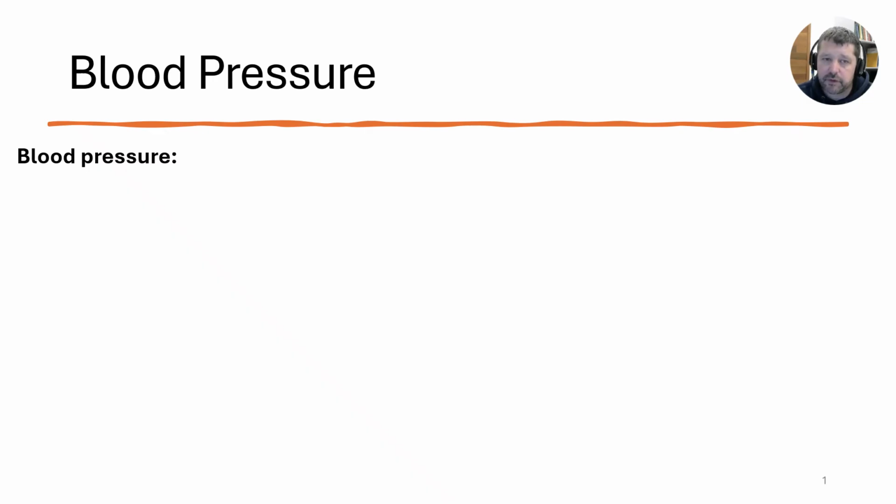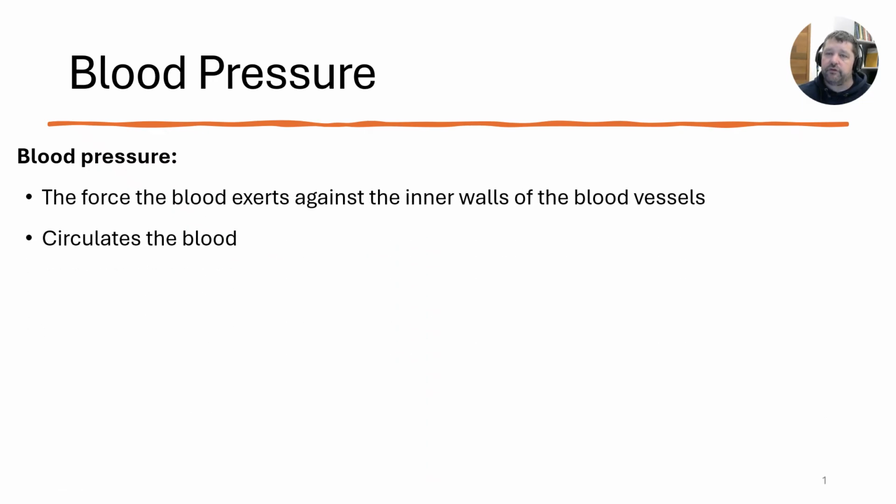Okay, so the blood pressure itself is the amount of force that's exerted on blood vessels. Normally when we're talking about blood pressure, we're talking about the force on arteries. It's the force coming from the heart and being exerted on the arteries leaving the heart.